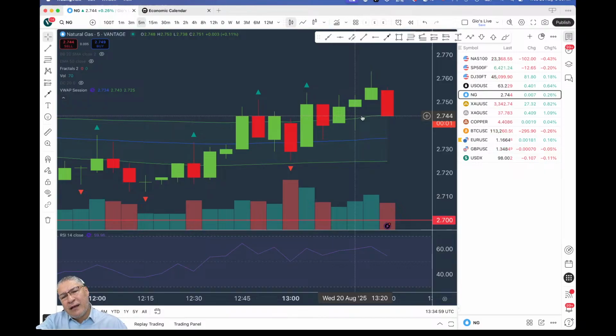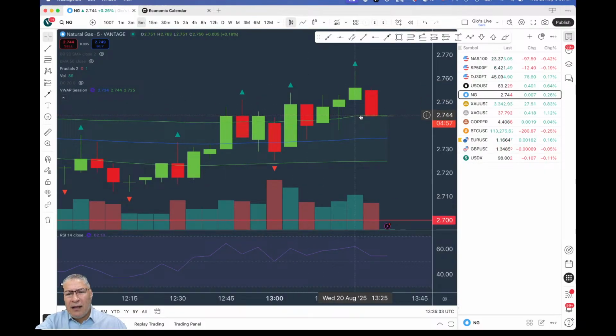All right, in this particular case we have natural gas. The market is fluctuating to the upside. Can we take a trade to the upside because it's bouncing off the upper Bollinger Band, the upper band of the VWAP? That could have been a trade just as much as another trade opened inside the band.